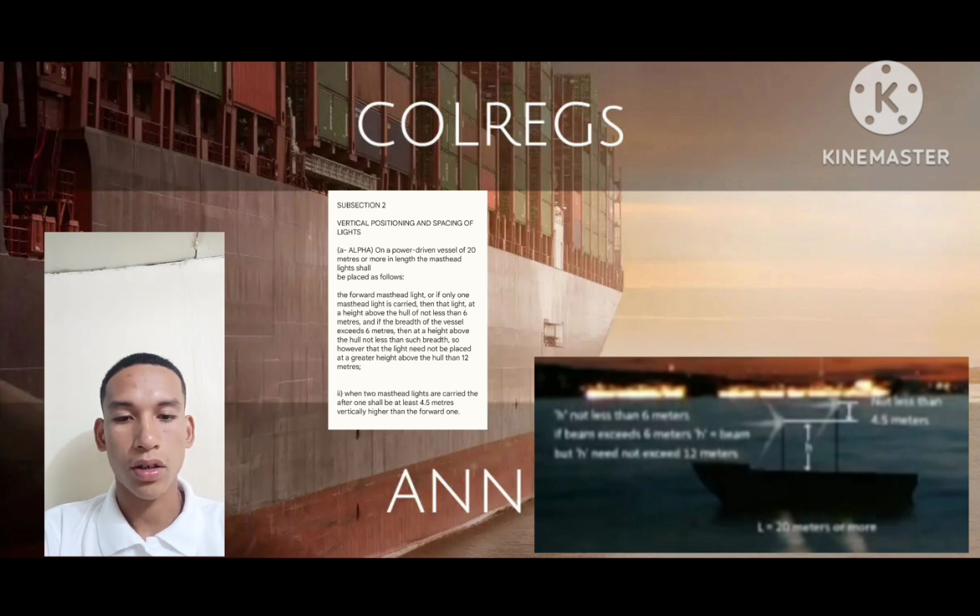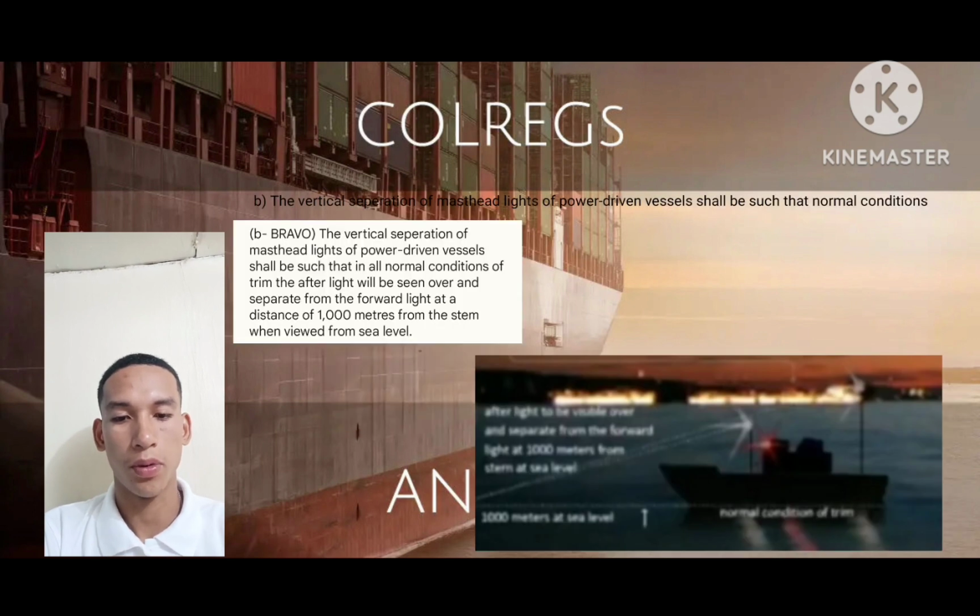When two masthead lights are carried, the after one shall be at least 4.5 meters vertically higher than the forward one.